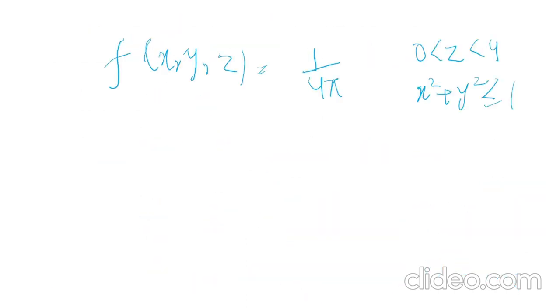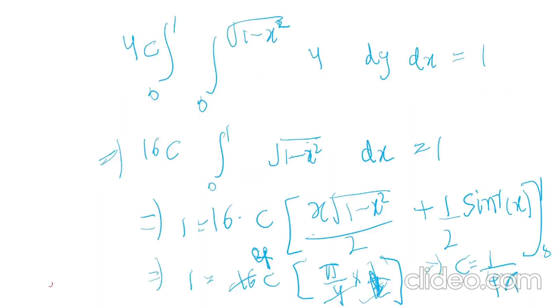To find the marginal probability function of x, we will integrate over z and y. This one is for z, and we have taken a multiple of 2. Why?